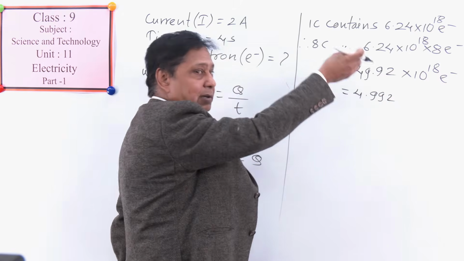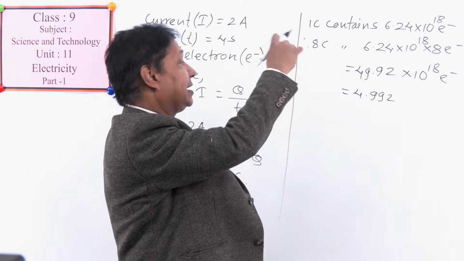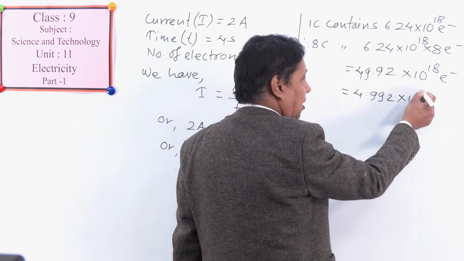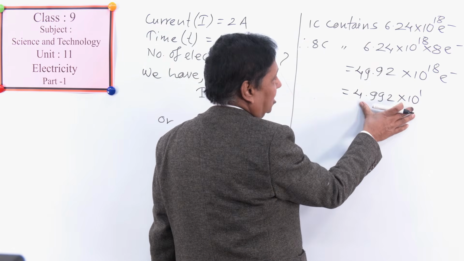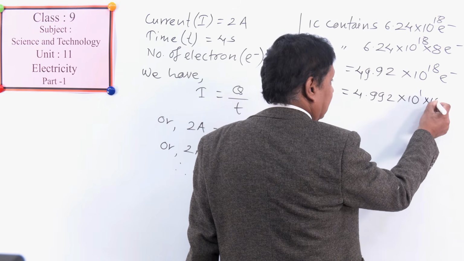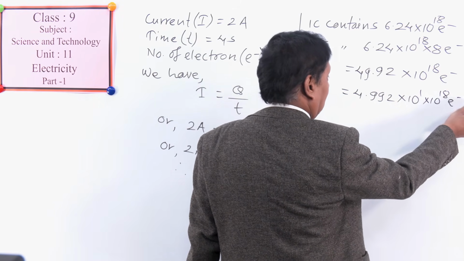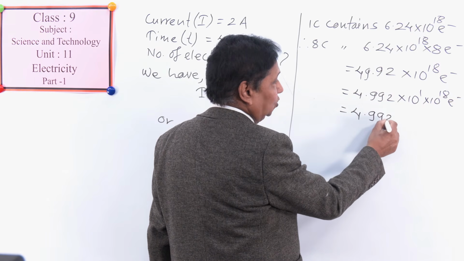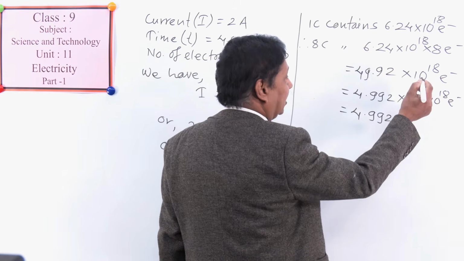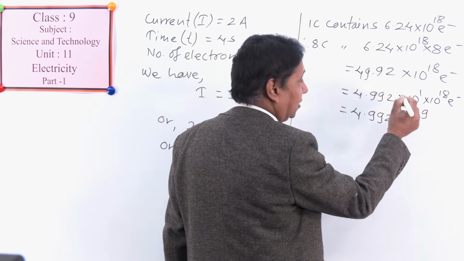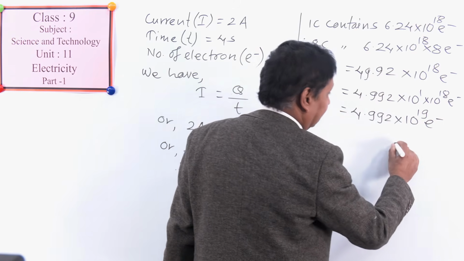If the point is shifted 1 digit to the left, then we have to multiply by 10 to the power 1, and 10 to the power 18 is already there. This is equal to 4.992 into 10 to the power 1 plus 18, which is 10 to the power 19. Same base, that's why the powers can be added. This is the final answer.